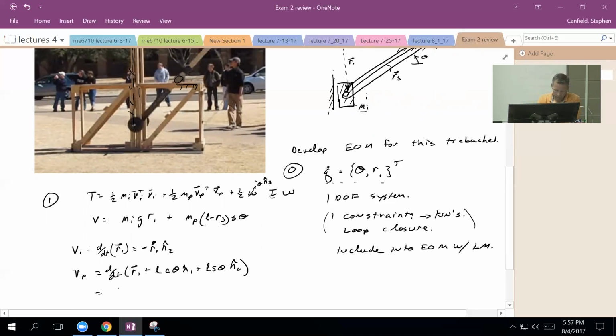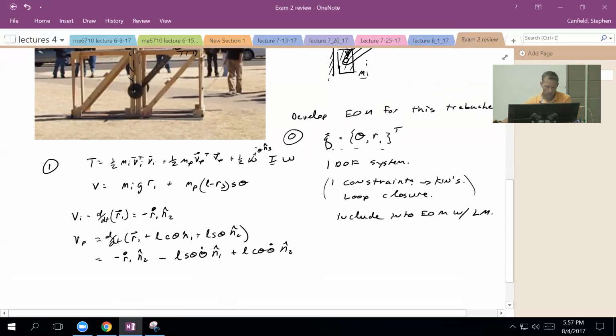I take the derivative of that. I get negative R1 dot in the N2 plus a minus L sine theta theta dot in the N1 plus L cos theta theta dot in the N2. I can write that one more time as minus L sine theta theta dot in N1 plus L cos theta theta dot minus R dot in N2.